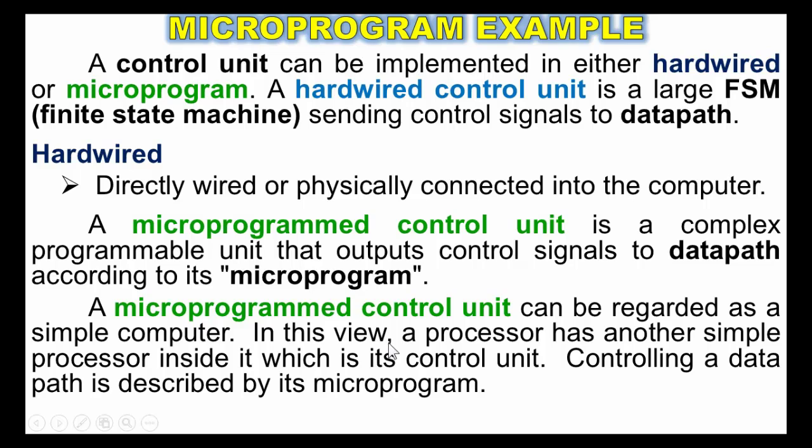A microprogram control unit is a complex programmable unit that outputs control signals to the data path according to its microprogram. A microprogram control unit can be regarded as a simple computer. In this view, a processor has another simple processor inside it, which is its control unit. Controlling a data path is described by its microprogram.